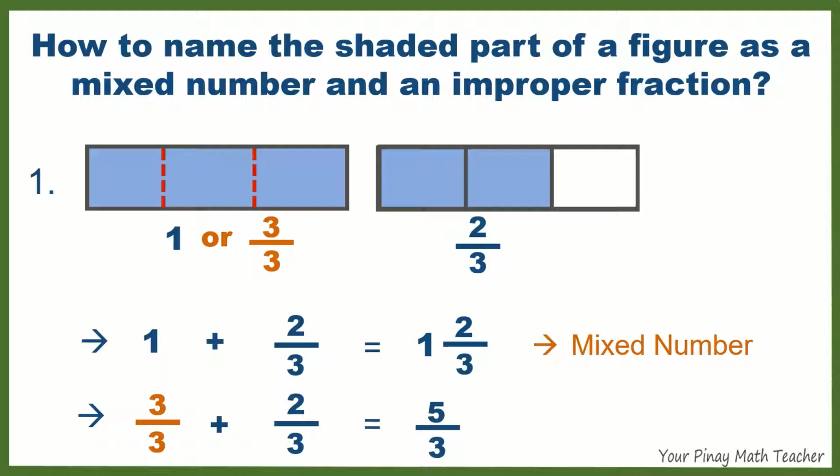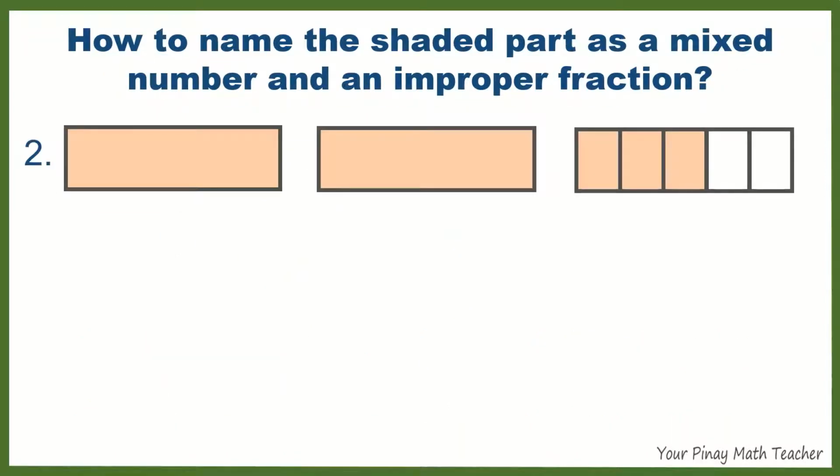Since 5 is bigger than 3, then 5/3 is called an improper fraction. Therefore, 5/3 is equal to 1 and 2/3. Number 2. The fully shaded rectangles are the first and the second, while the third rectangle is divided into 5 equal parts, of which 3 are shaded.